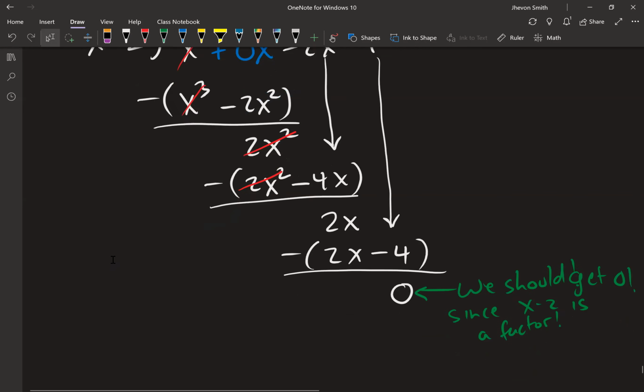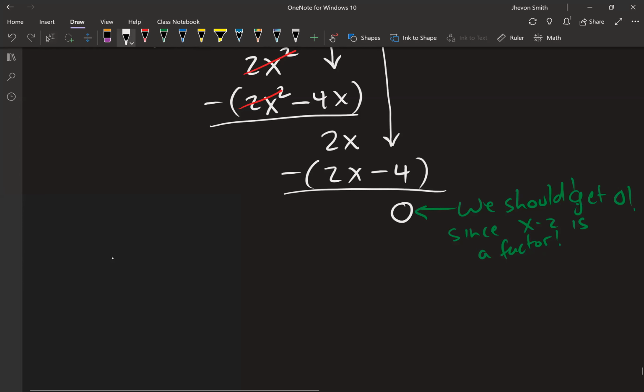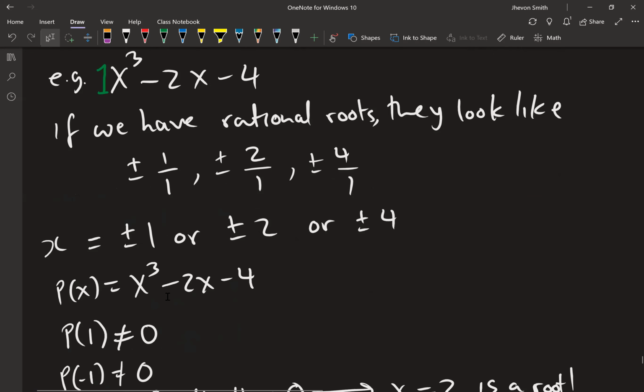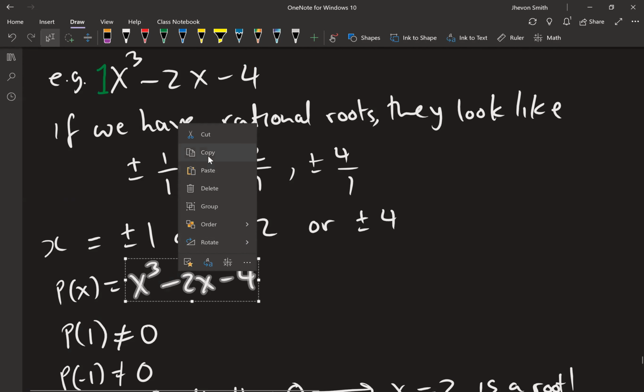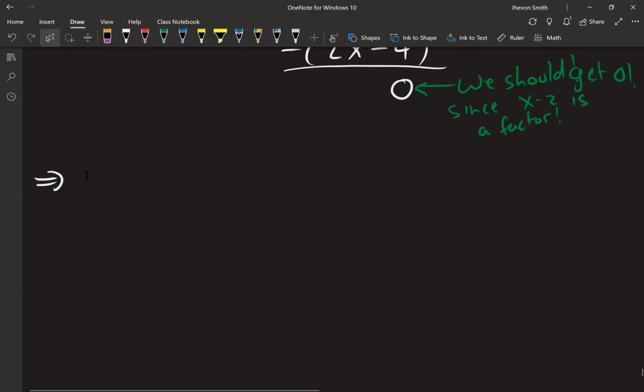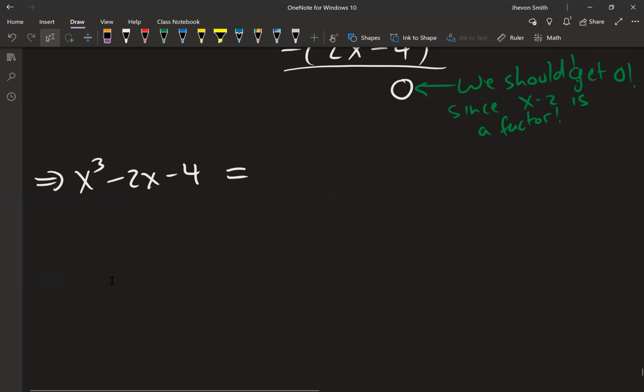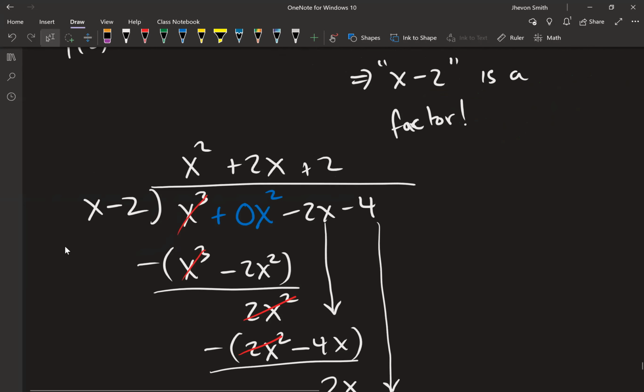So basically what that means is the original guy, this guy here, is equal to the numerator here, which we call the quotient, x squared plus 2x plus 2, times the divisor, x minus 2.